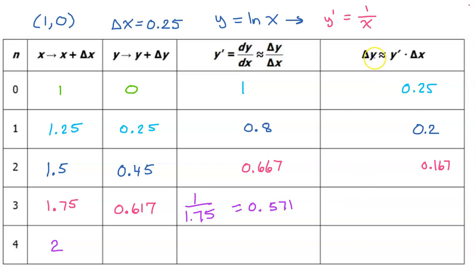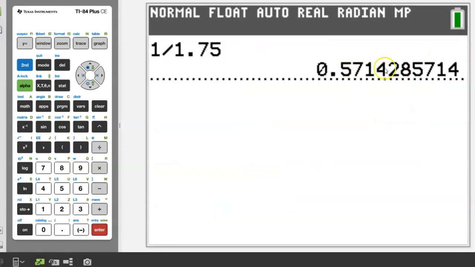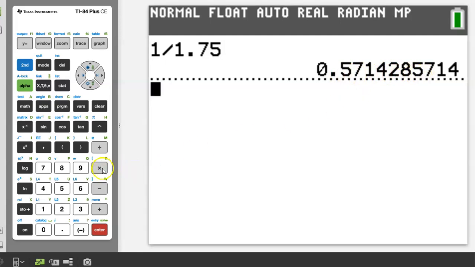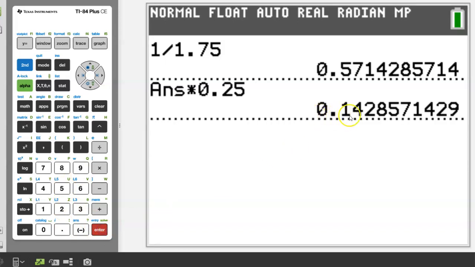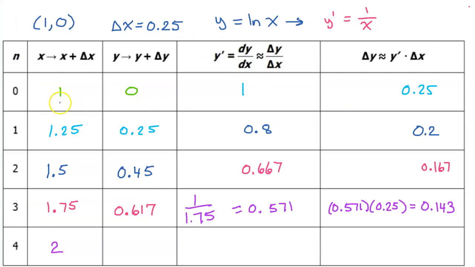Now we need delta y, so we need to multiply y prime times delta x. Y prime is already in the calculator and I don't want to lose any decimals, so I just need to multiply by 0.25. And we get 0.143.